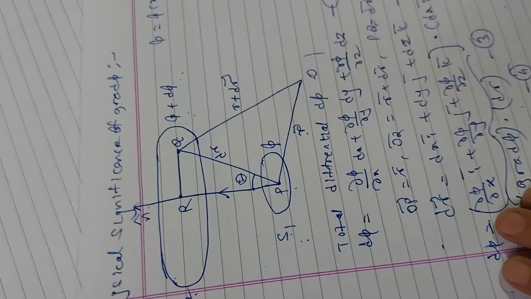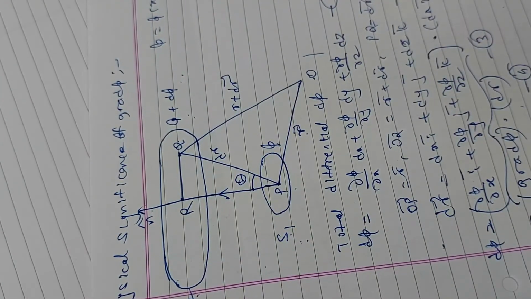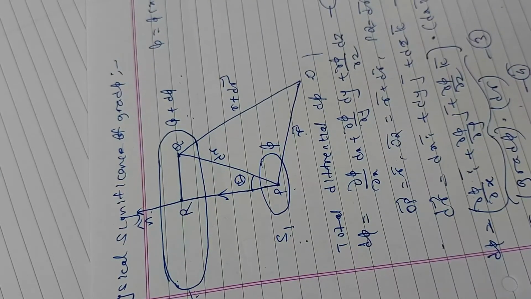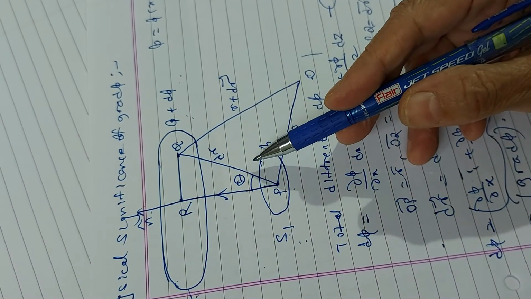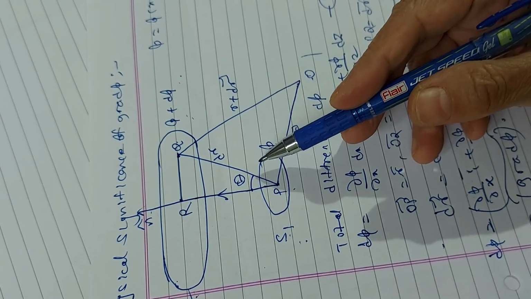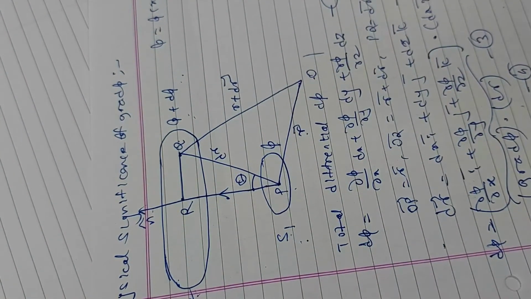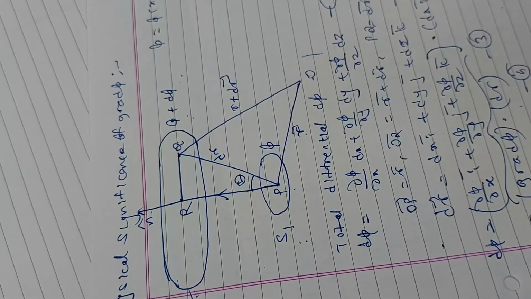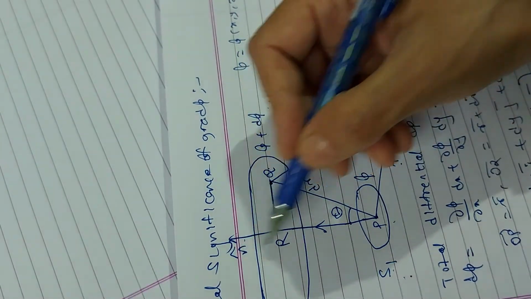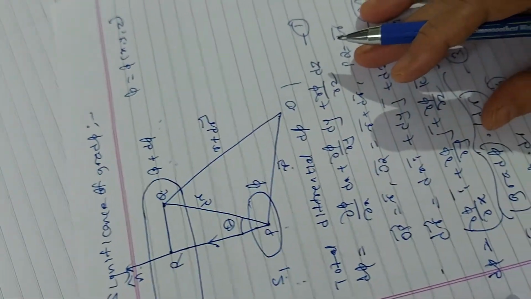So I will get angle theta. Where is angle theta? Angle theta is over here. So if theta is the angle between PQ and n, correct?